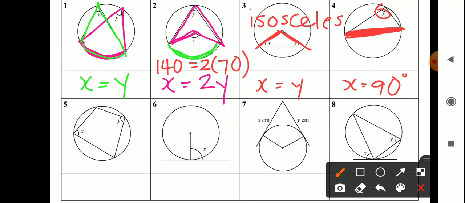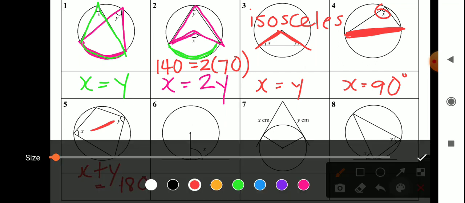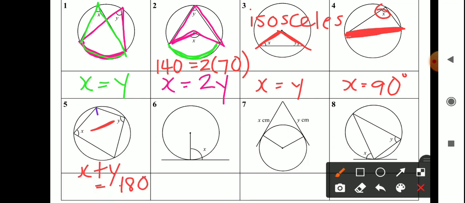Next, number 5, cyclic quadrilateral. The sum of two opposite angles is not equal, they add up to 180. Not x equals y. X plus y is equal to 180. And if we have two angles here, let's say this is A and B, A plus B is also equal to 180.